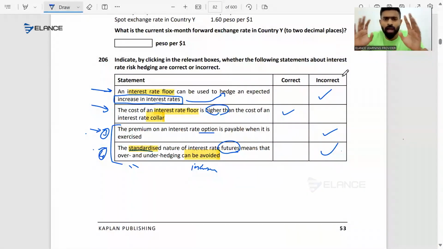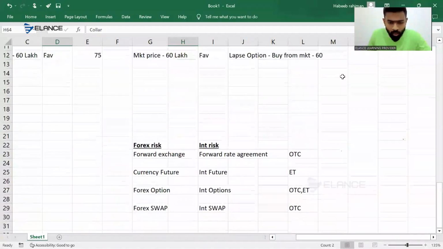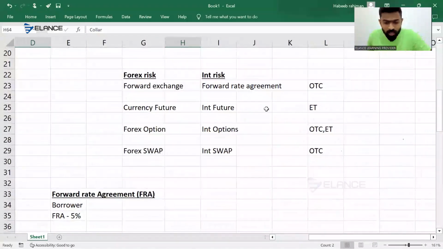The final thing, swap. Swap means interchange. We are entering into a contract with a counterparty to interchange the interest or forex converted money. The only thing you have to learn, the commonly tested thing about swaps. I'm not guaranteeing this, but compared to any other contracts, a swap can be used for long-term hedging.